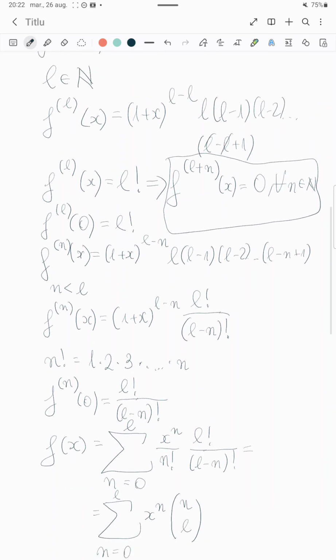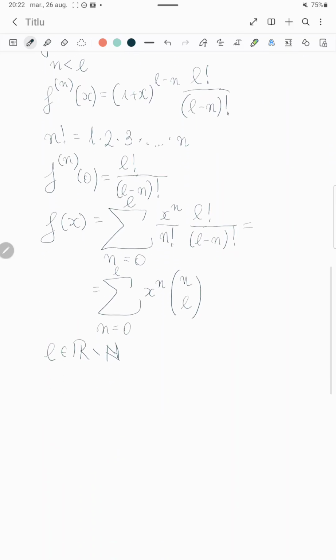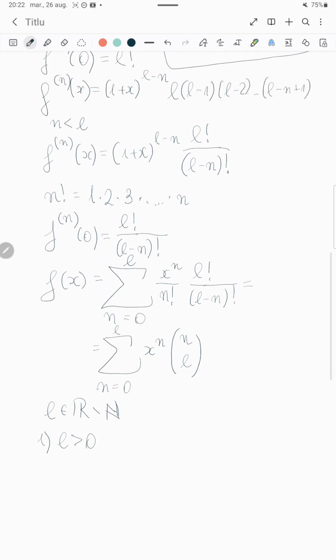Again, we will have to take into account this relationship. Now, let me take, for instance, the first situation in which L is going to be bigger than 0.